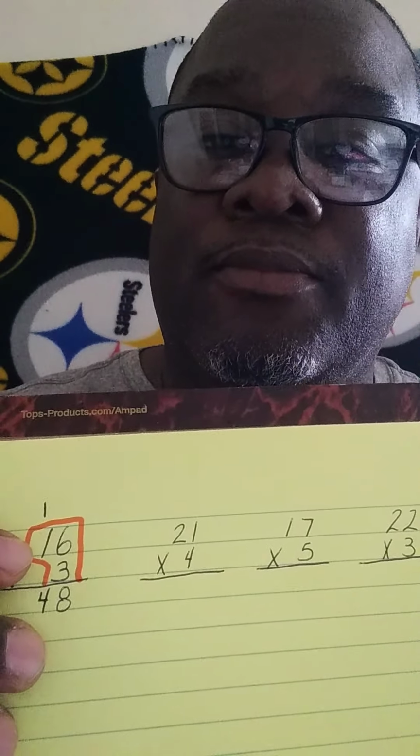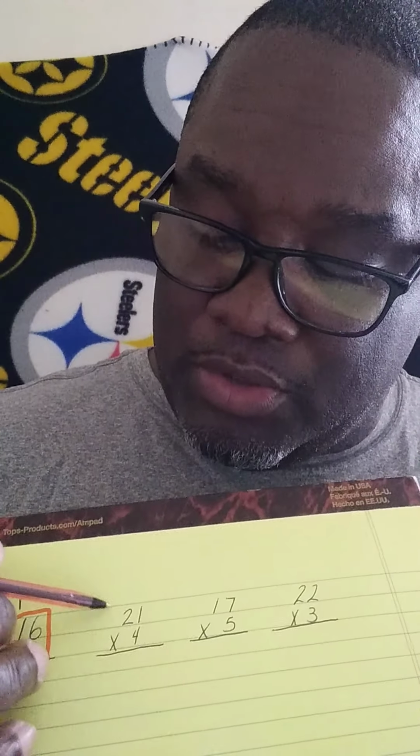So we're going to go ahead to number 2 on the clipboard. It's 21 times 4. First step, again, would be to draw your dinosaur head. I know that helps some of you, so I'm going to do that step.